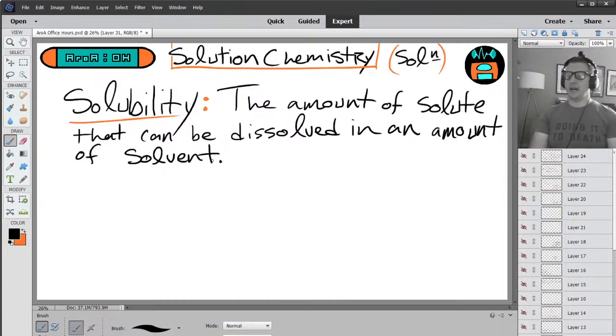All right. So, for example, solubilities will vary depending upon the identity of the solute and the identity of the solvent. Different solvents have different solubilities for the same solute. Different solutes have different solubilities in the same solvent.